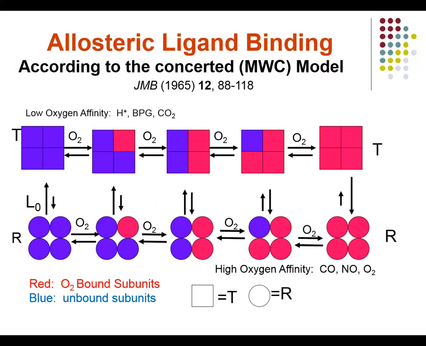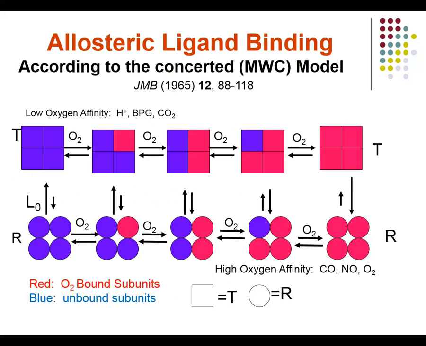However, the binding of oxygen, which is shown in red, shifts the equilibrium stepwise so that you'll have more and more R state population present. And as the R state population becomes more populated, you have higher oxygen affinity being observed. That gives us that S-shaped curve that we've measured experimentally.